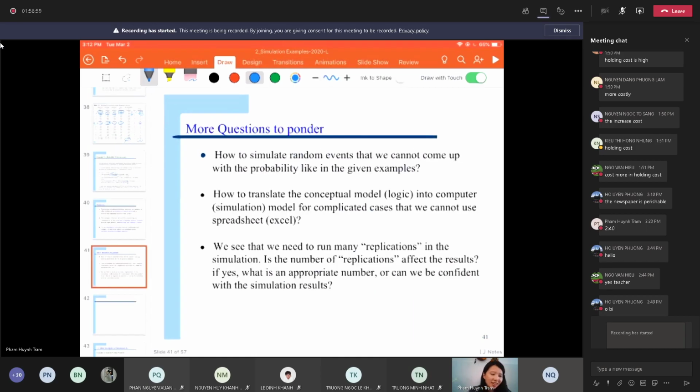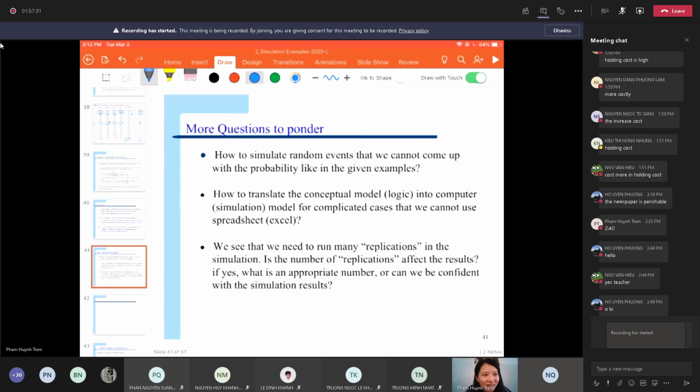But if you look at these examples, you may come up with many more questions to answer. In the examples I gave you, the distribution of the random variables, like the arrival time or the service time, is in a very simple form.